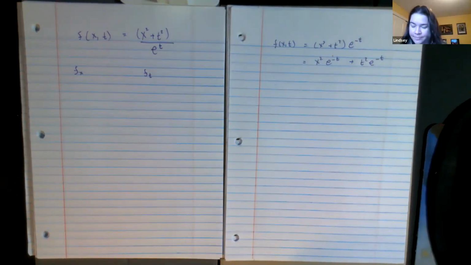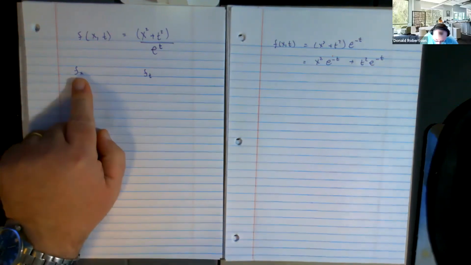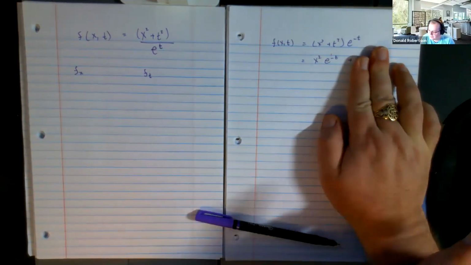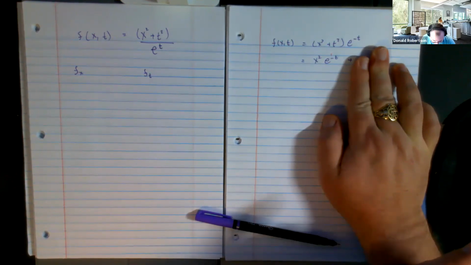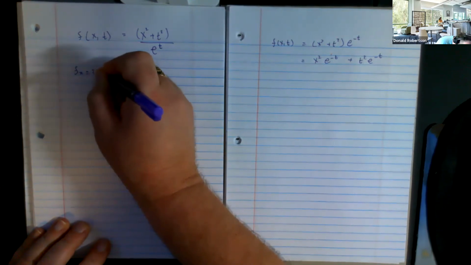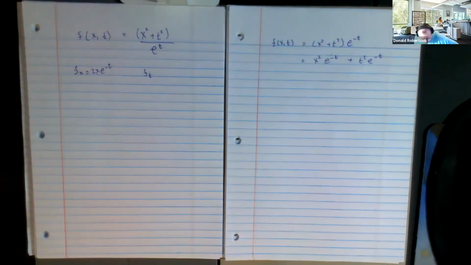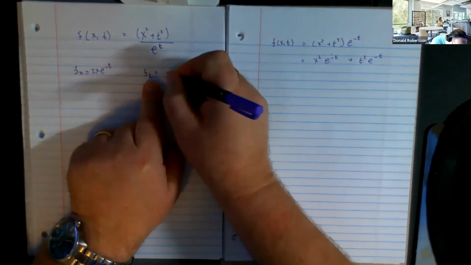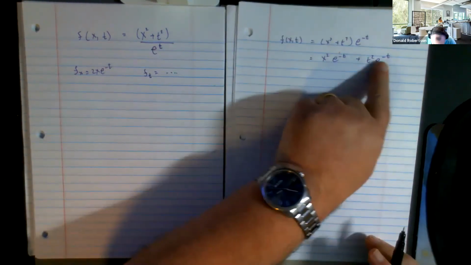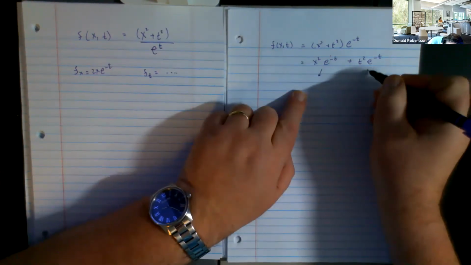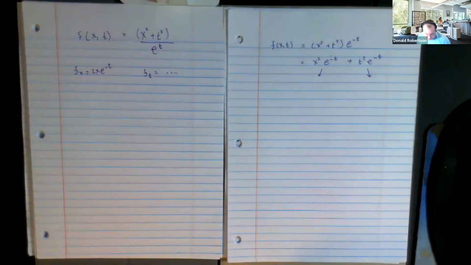Yes. And now when I ask you to find this one, won't you say, well, that's ugly, but it's nothing, right? It's differentiate with respect to x, at least it's nothing. And this guy here gets me 2x e to the negative t. And for time reasons, I'm not going to do this one, but if I was doing this with respect to t, wouldn't you have two separate questions, really?